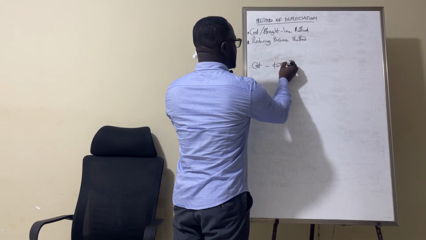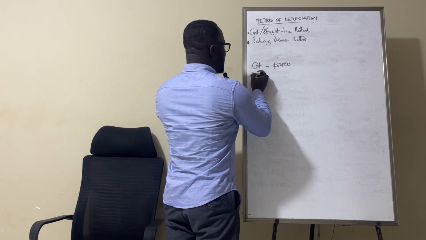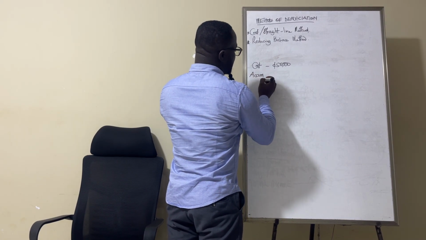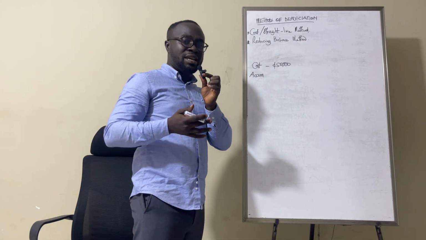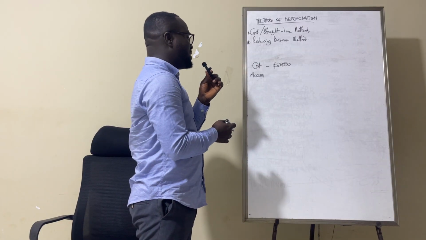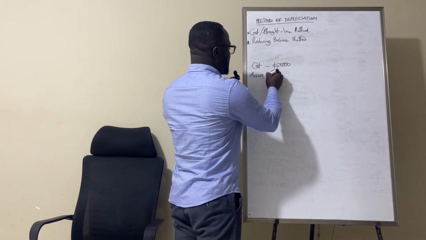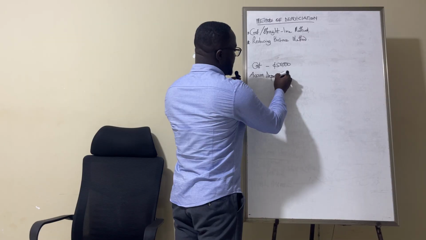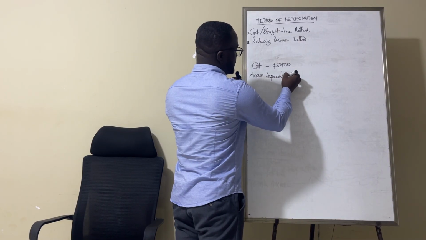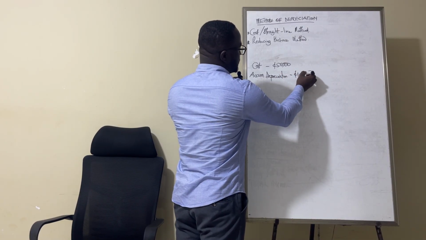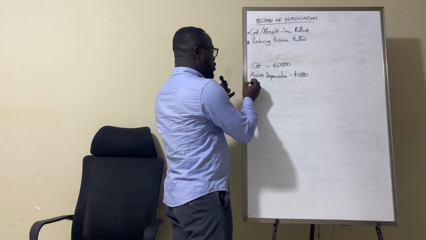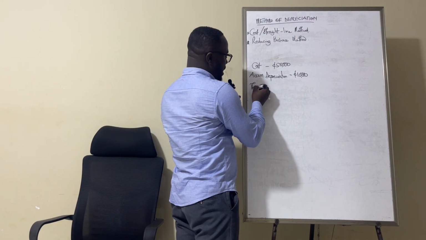And the accumulated depreciation or provision for depreciation, that is the previous year's depreciation that they've set aside, also known as accumulated depreciation, is, let's say, 10,000. And they want you to compute for depreciation this year or current year.